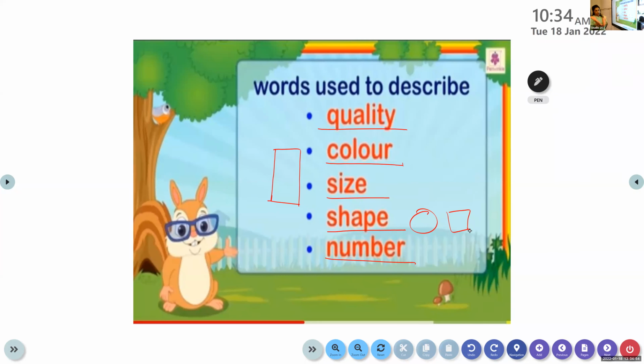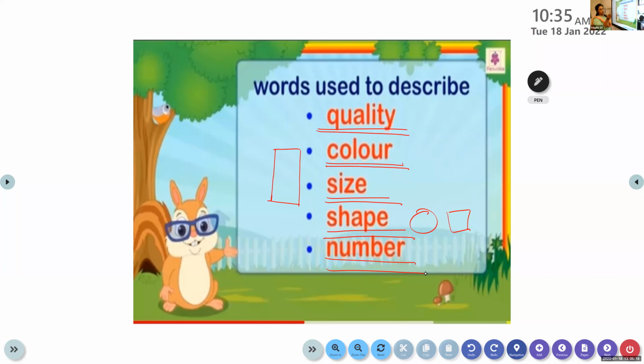Okay, so adjectives are words which describe the quality, color, size, shape, and number. Clear to all of you? Yes. Quality means the quality of a person, an animal, or a thing. Only by looking at the quality, we purchase things.